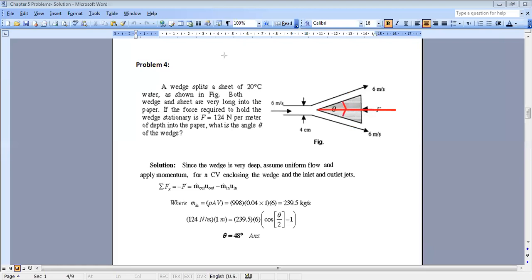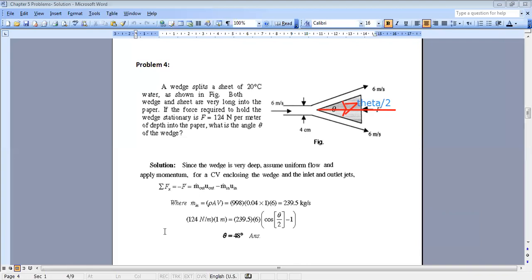Since I am applying my relation in the x direction, for both outlet fluxes I should project the velocity along x. What should I multiply by? Cosine theta over 2, not cosine theta. Okay, cosine theta over 2.